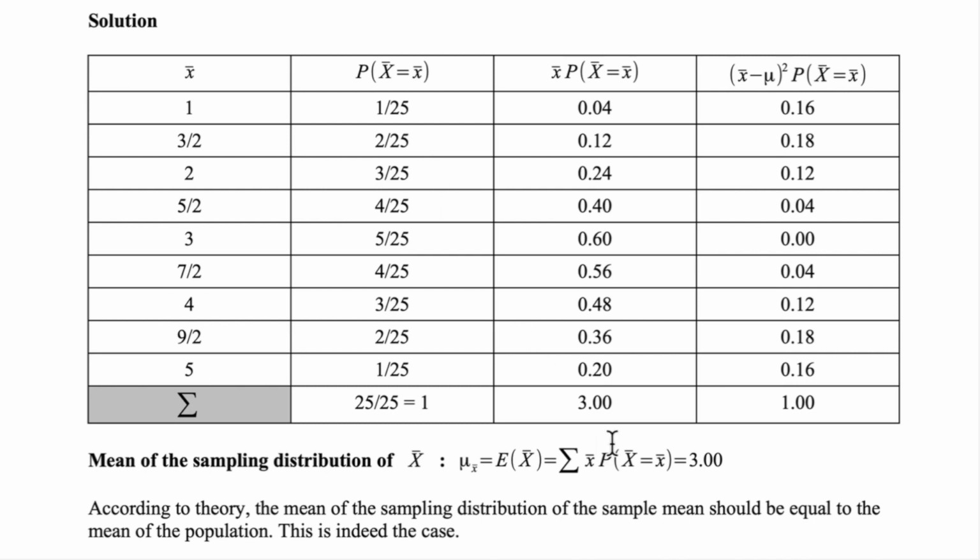Okay, so these probabilities are the weights that we're applying to the values taken on by x bar. And remember, the way you calculate a weighted average is to first calculate a weighted sum and then divide by the sum of the weights.